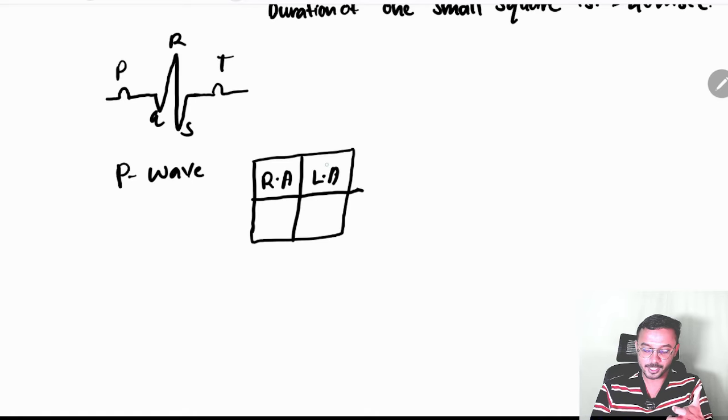The firing system of the heart is the SA node. The SA node is present over here. Whenever the SA node fires a current, it sends the current from the right atrium to the left atrium.